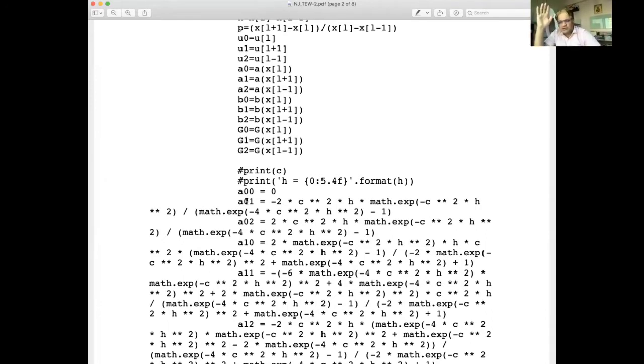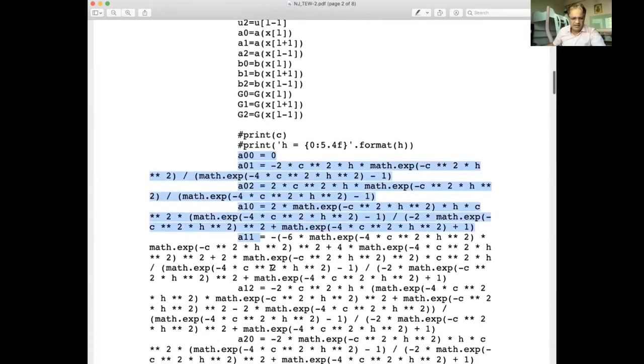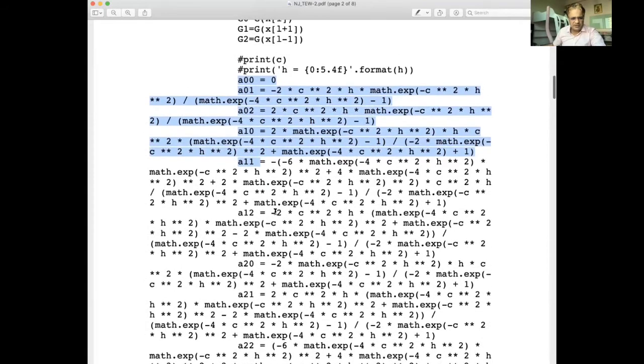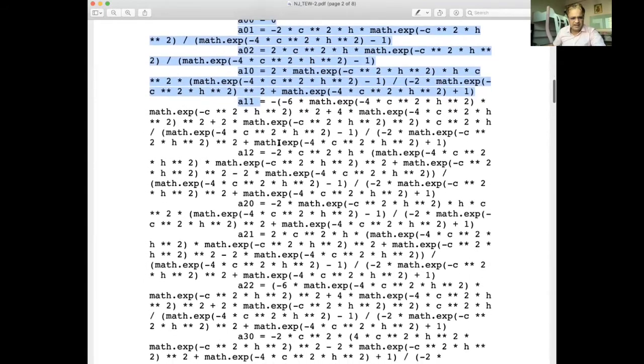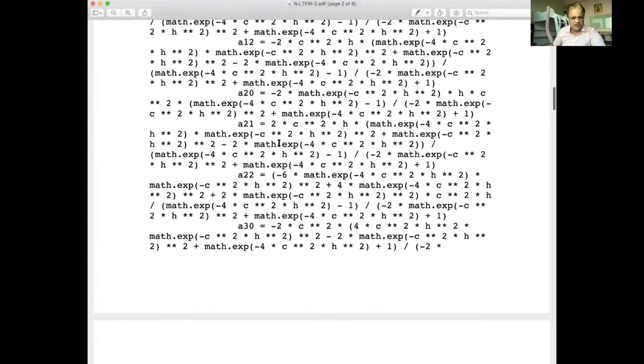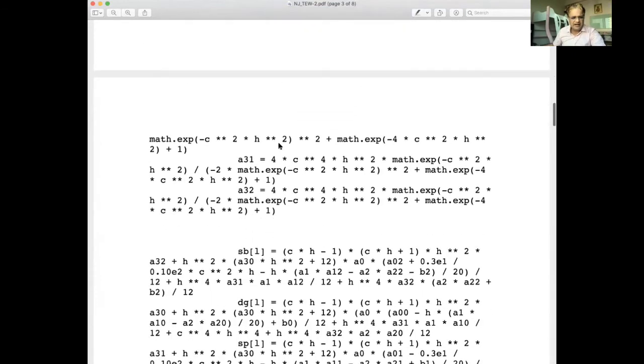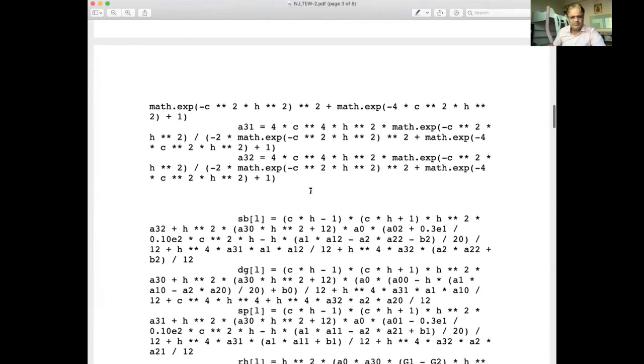You can put it outside, but it is suggested to use it in the loop. So here, these are the mathematical values of all the RBF weights. I'm just scrolling down, all A's are here. So before this part, I have given the weight of RBF, that's all.